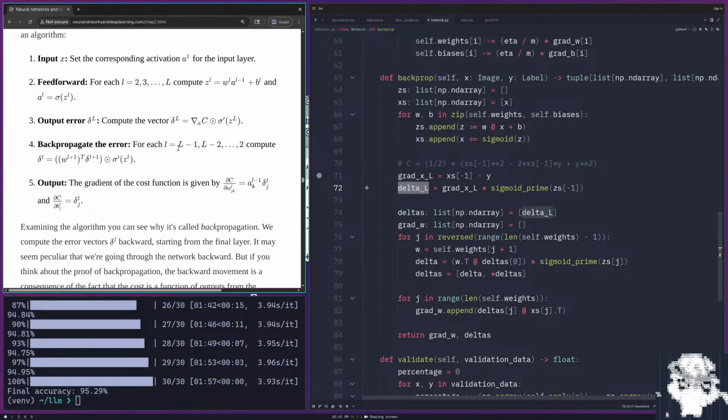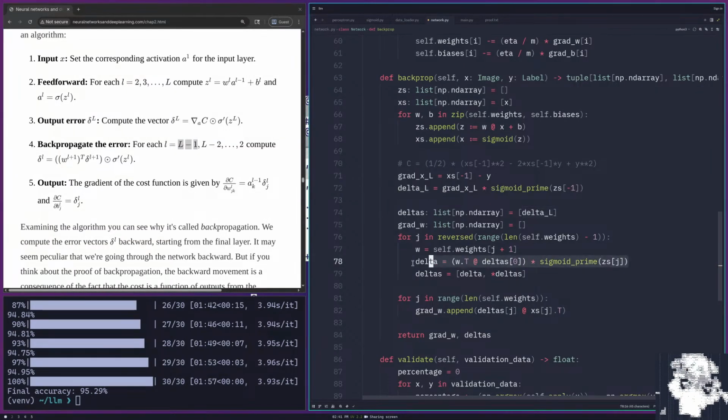Backpropagate the error for each layer from L minus 1 all the way down to 2. Compute delta of L. So that's this. Output, the gradient of the cost function is given by activation times delta is the gradient with respect to the weight, and just delta is the gradient with respect to B.